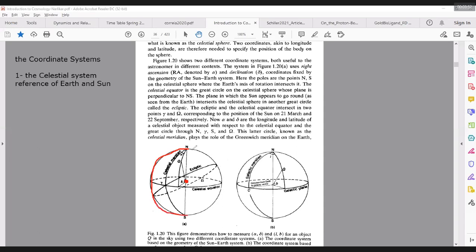The sphere where the object under study is located on its surface. That means the distance, let me mark the distance.